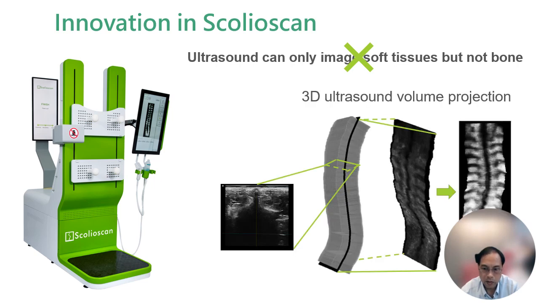The technique we use here is to obtain 2D information together with spatial information. Stacked together, we have the 3D volumetric information. Then, using some image processing methods, we use the volume projection imaging method to form an X-ray-like image, as shown on the right side.